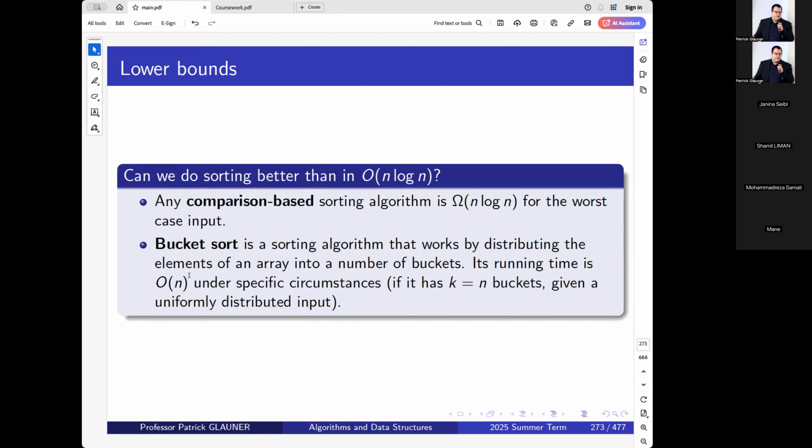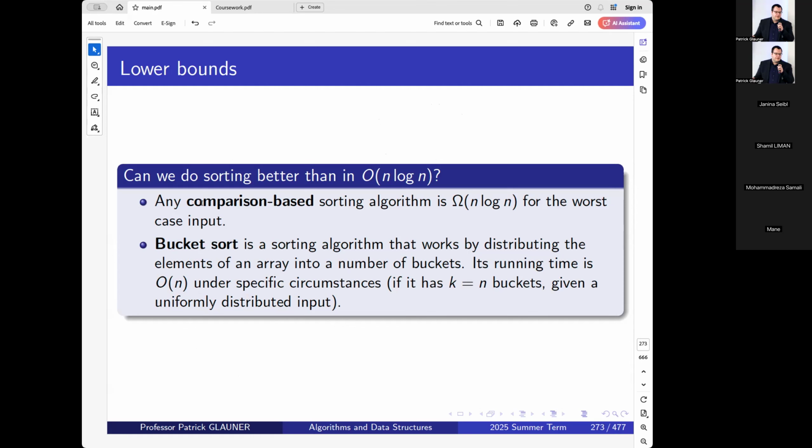And it turns out such a bucket sort is O of n under very specific circumstances and makes certain assumptions about your data. But this kind of stuff has rare use cases. I think most of the sorting we do nowadays is comparison based. And this bucket sort makes some very specific constraints and works only under very specific circumstances.